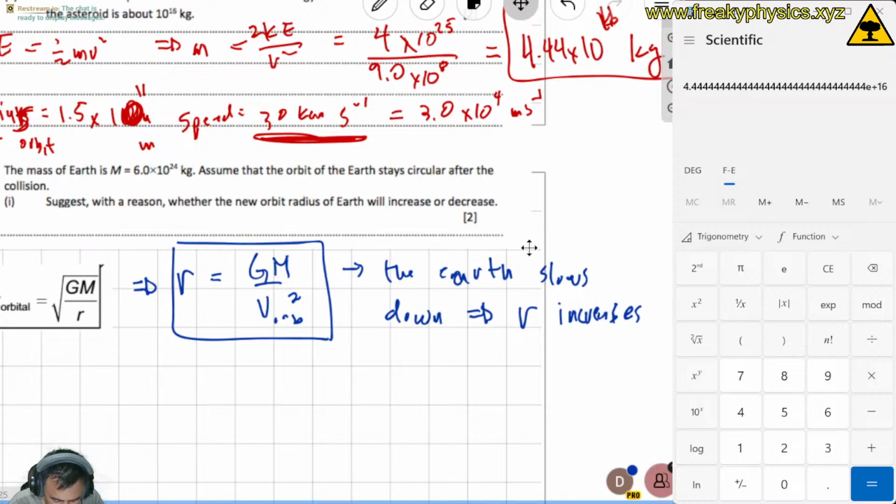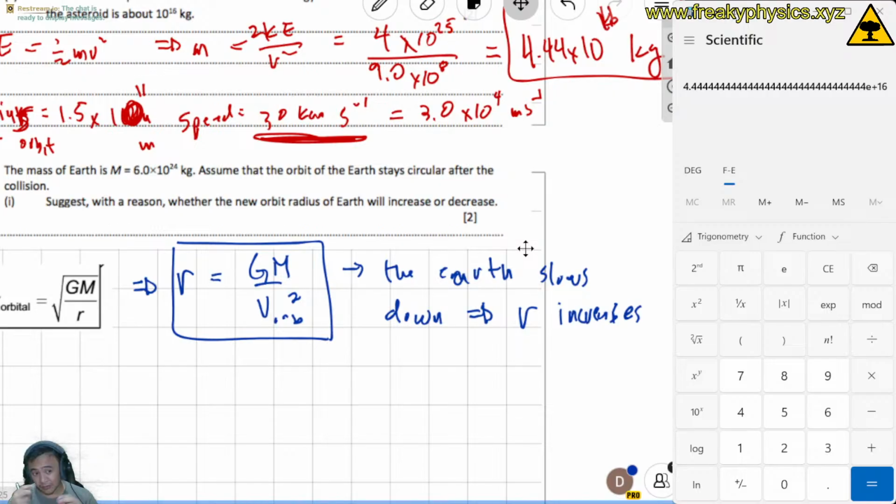What would you say would happen to the total energy? The total energy would stay the same, more or less. The reason is the Earth has its own kinetic energy, and the asteroid had its own kinetic energy as well, but they also had their own gravitational energies, right?